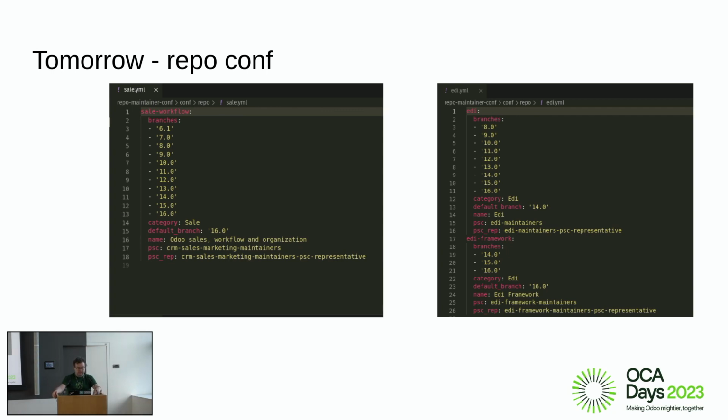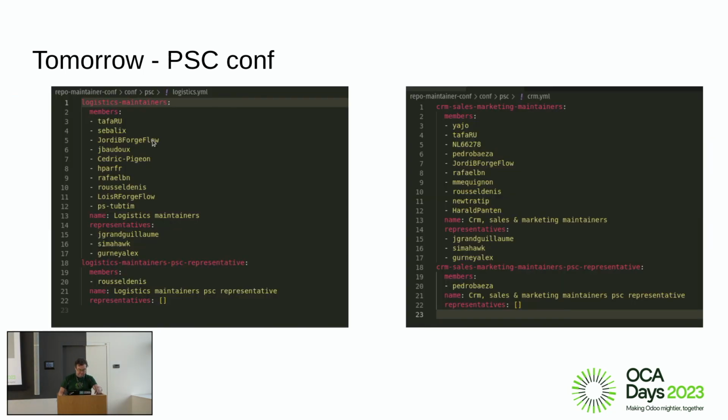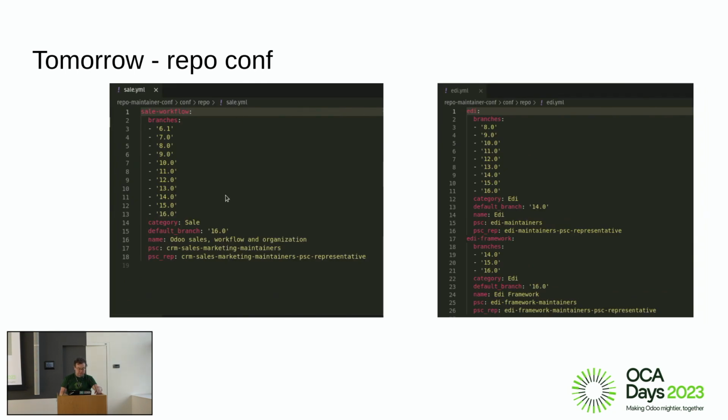So we just say the repository name, the branches, the category, and the default branch. So when we need to create the 17th branch, we will just add the branch here, and it will be automatically added.